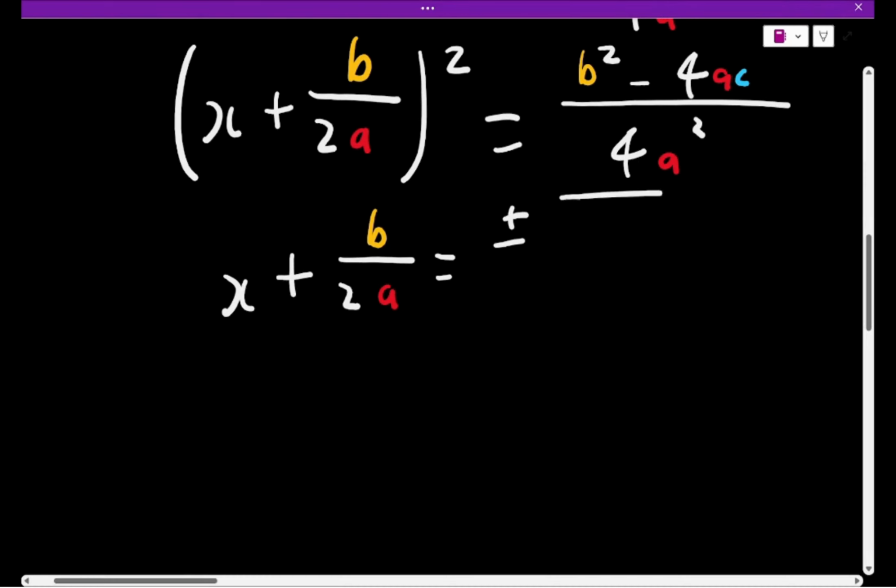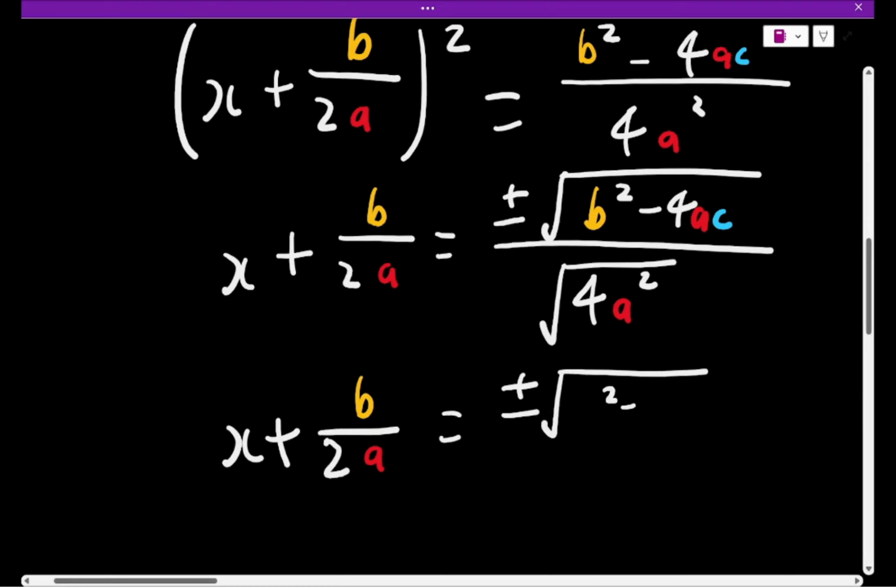So what I mean is I'm just going to take the plus minus square root of b squared minus 4ac, and then take the square root of 4a squared. So x plus b over 2a is equal to the plus minus square root of b squared minus 4ac, and the denominator is going to be the square root of 4a squared.